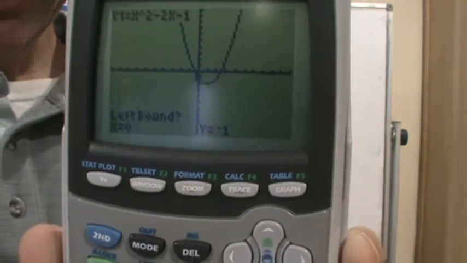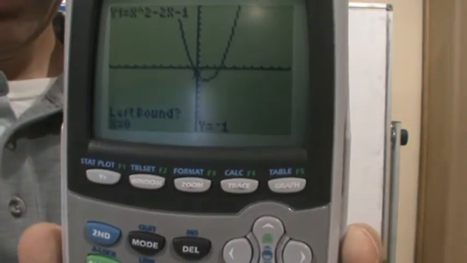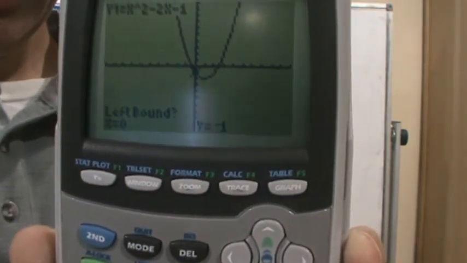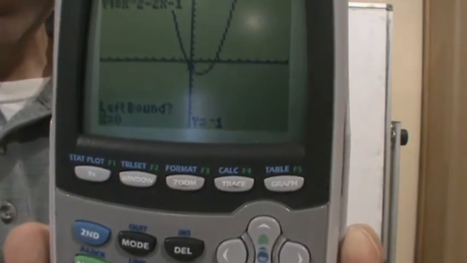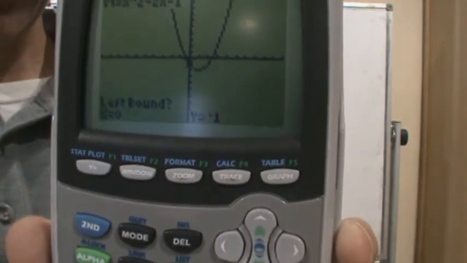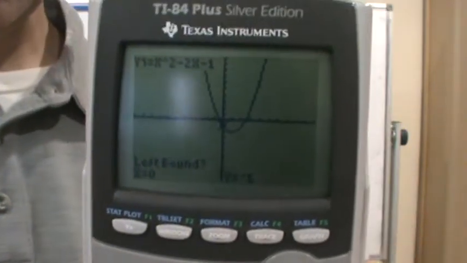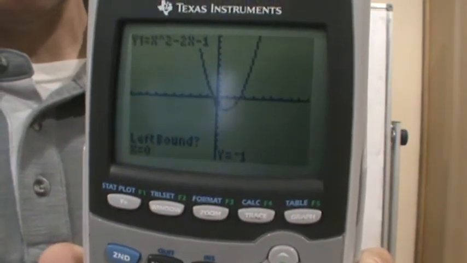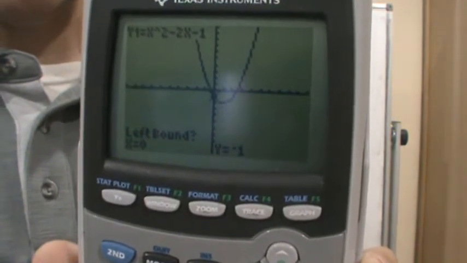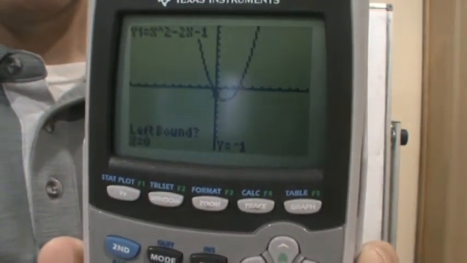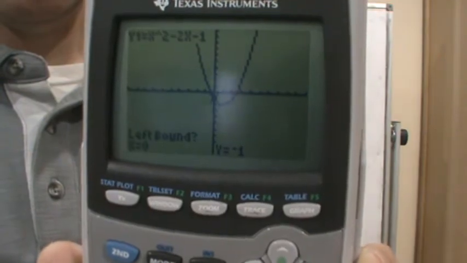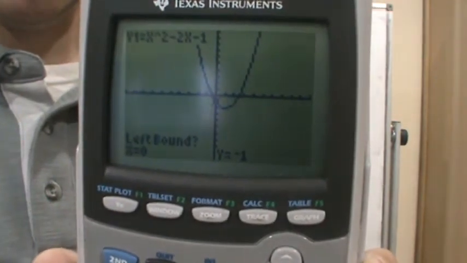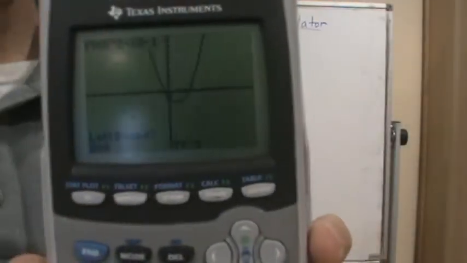And so now it's going to ask me for a left bound, then the right bound, and then my guess. Okay, so what's the left bound? The left bound is where I think I'm going to be on the left side of my 0. So I'm going to hit enter because the cursor is already on the left side. Okay, let me just double check. Yep, it's on the left side.